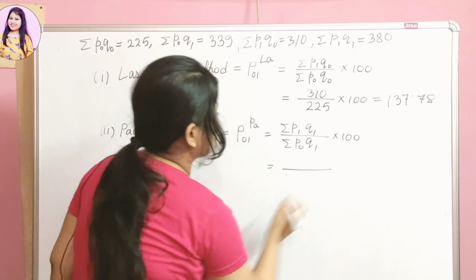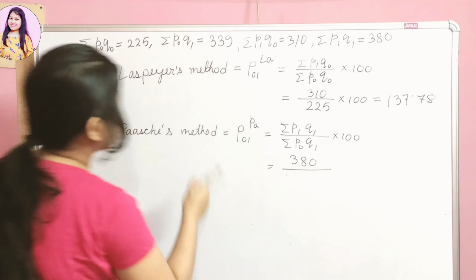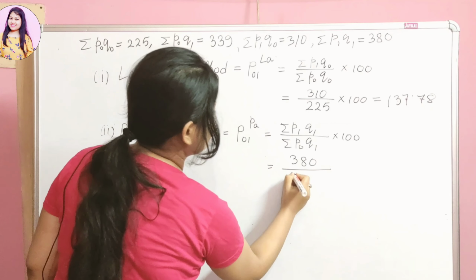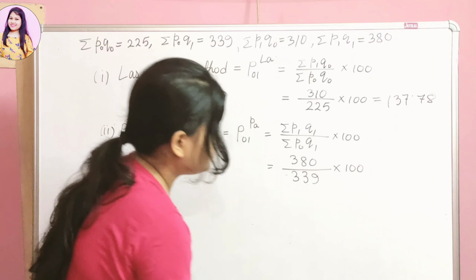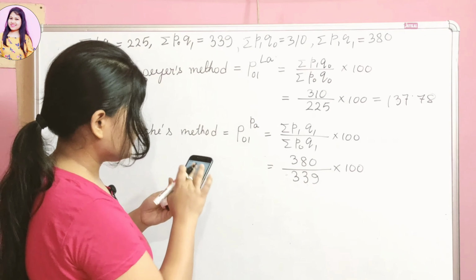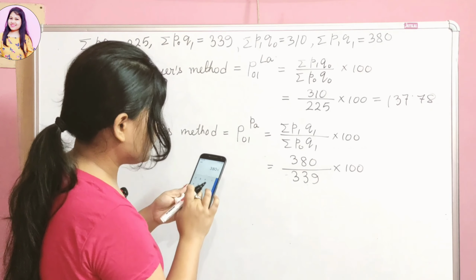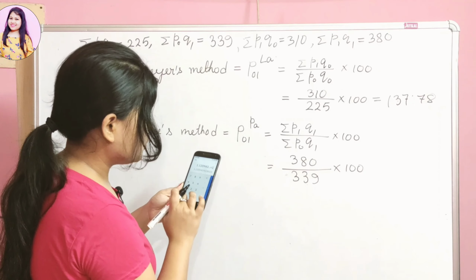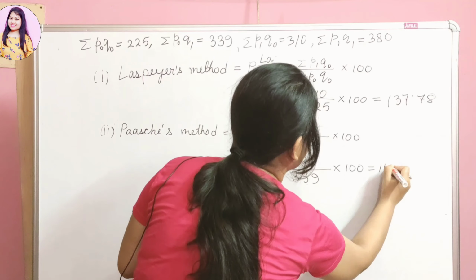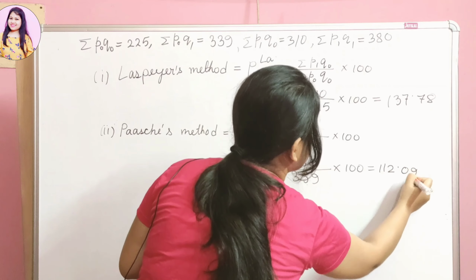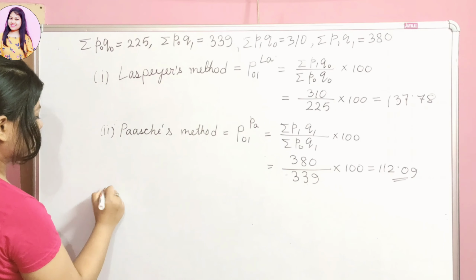Substituting, P1 Q1 is 380 and P0 Q1 is 339, into 100. Using the calculator, 380 divided by 339 into 100 is equal to 112.09.